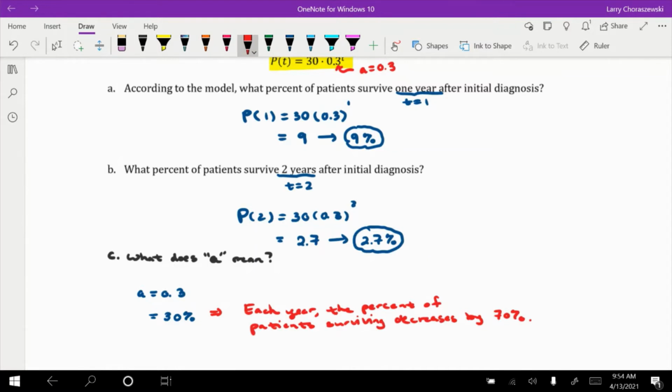So when we're multiplying repeatedly by 0.3, by 0.3, by 0.3, effectively we're generating percentages that are 30% of the previous percent. All right, so that's what's going on here.